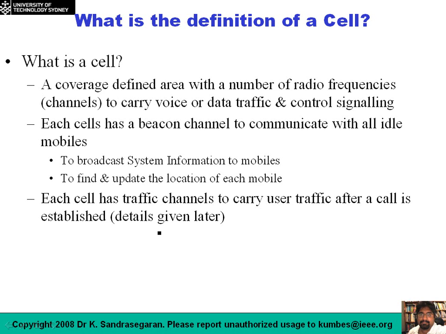And because the control channels were all blocked up, people's requests to make a call were not getting through, and all the traffic channels were just sitting idle and not being used. Okay, so it does create a problem in that sense, but this is where engineers working in mobile operator companies have to dimension the amount of traffic channels and control channels appropriately, so that blocking does not take place in either the control channels or the traffic channels.